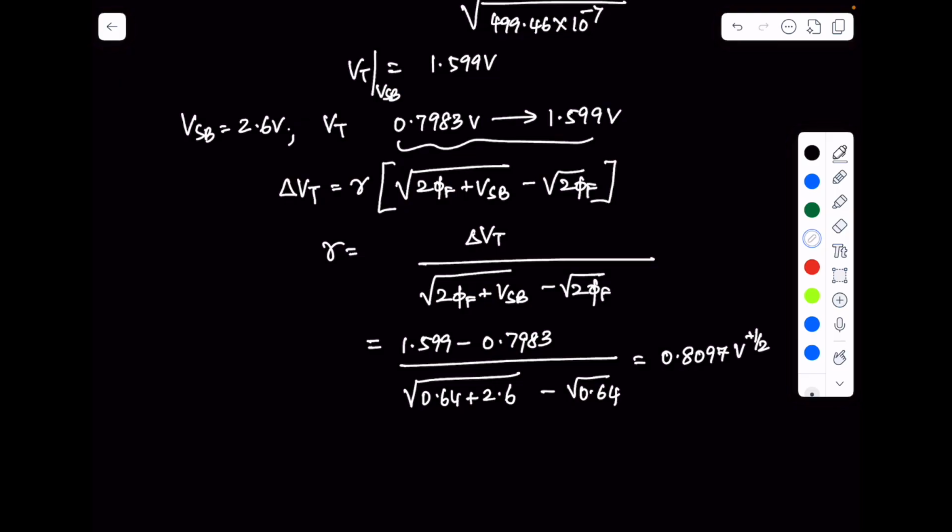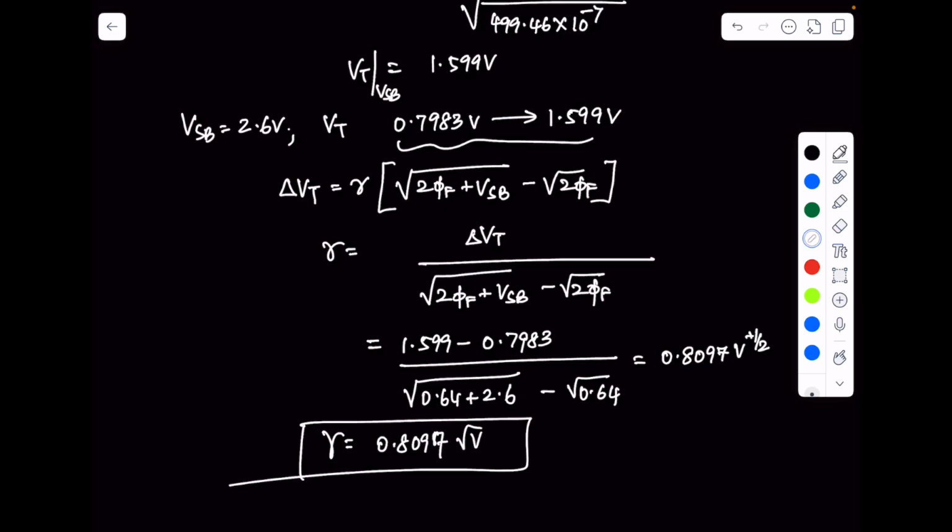So your body effect coefficient is 0.8097. So again, by measuring the IV characteristics of the device at specific points, you can calculate or do modeling of the various parameters of the MOSFET.